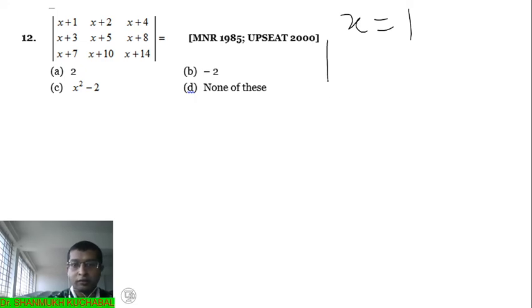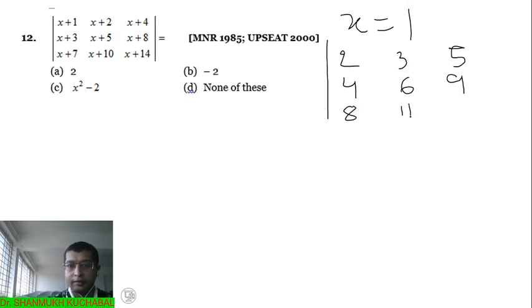If I take x equal to 1, we get 2, 3, 5, right? And 4, 6, 9, and 8, 11, 15 here, right?